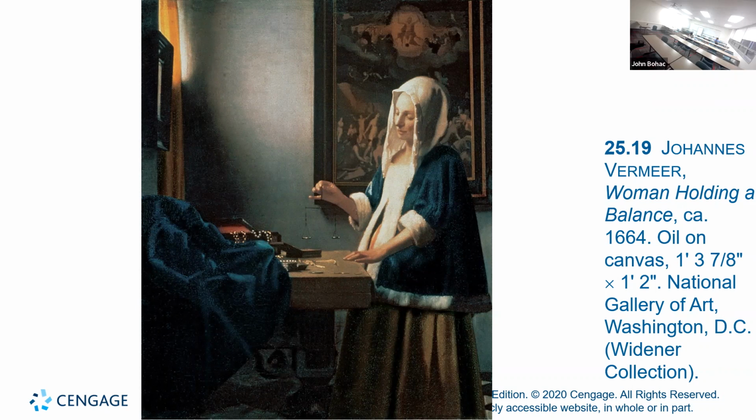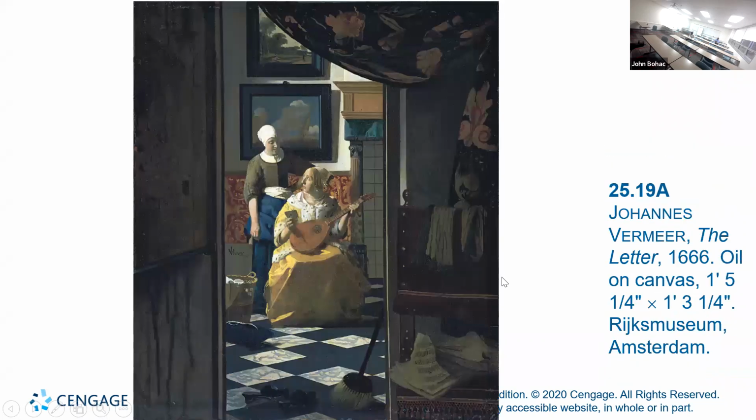Now, this is not new. We know that the Dutch had this kind of technology for actually 200, 250 years, since the days of Van Eyck. But at any rate, Vermeer does this. He has his setup. And here is another Vermeer. It's kind of set up the same way.